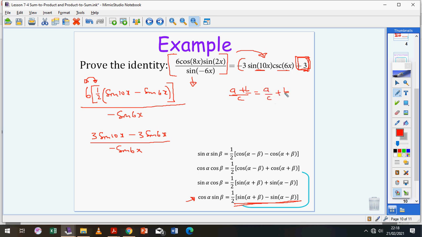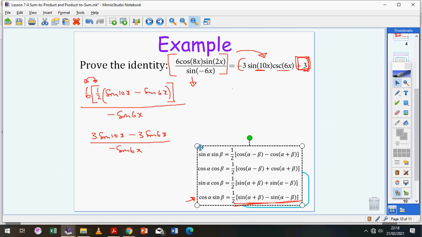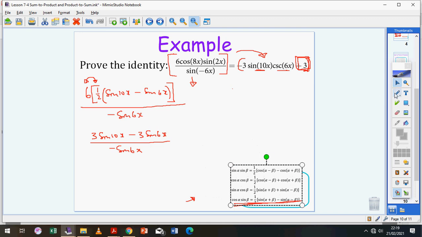So instead of 3 sine 10x minus 3 sine 6x, I'm going to separate the fraction into 3 sine 10x divided by negative sine 6x, minus 3 sine 6x divided by negative sine 6x.